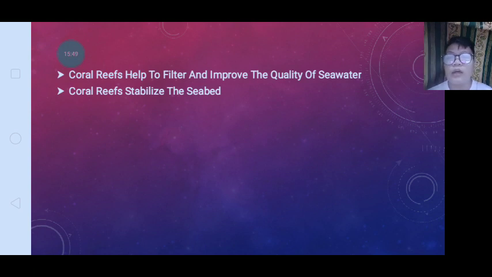So next, corals stabilize the seabed. With massive levels of sand mining, the seabed has gradually become unstable over the past few decades. To aggravate the situation, human activities have also begun to cause erosion. Corals are an excellent natural control for erosion since they grow across the seabed. They help stabilize and prevent large swaths of land from shifting.